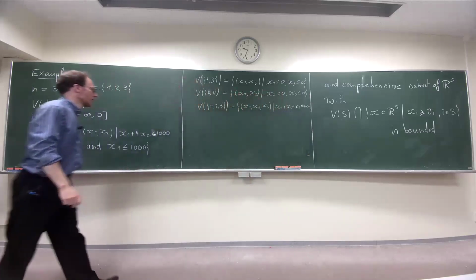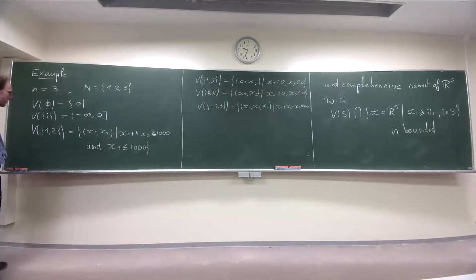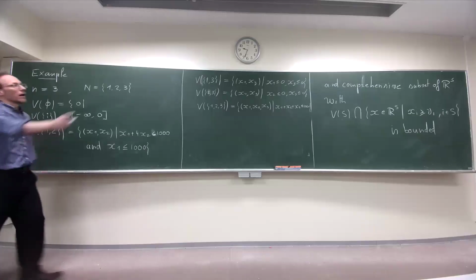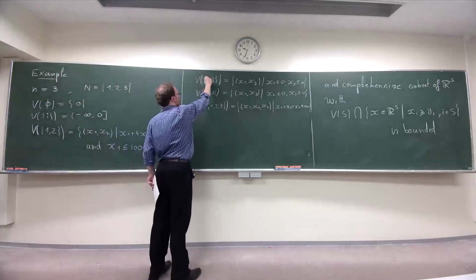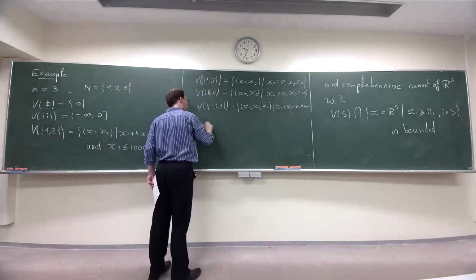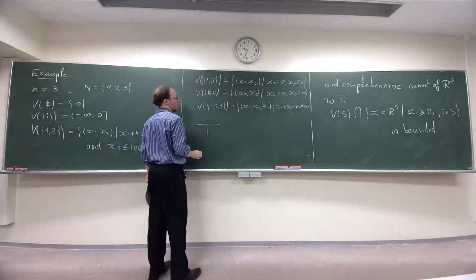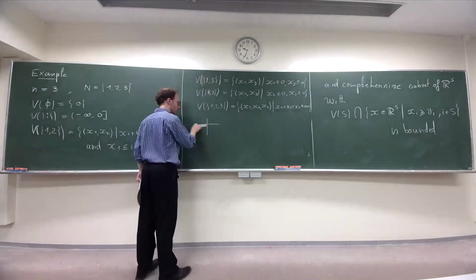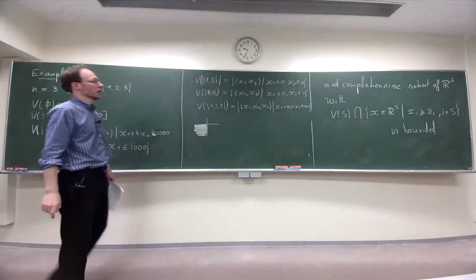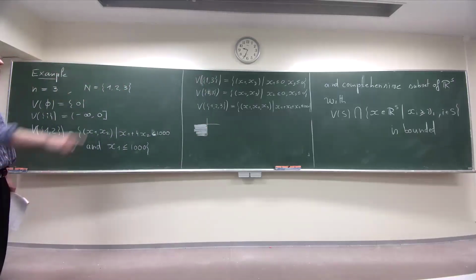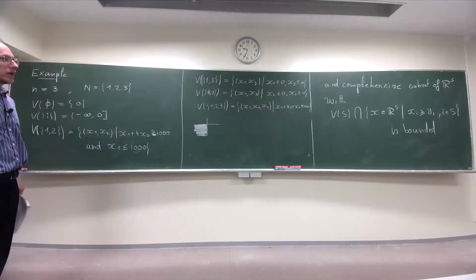Okay. So you can represent these sets. The first one, it's just an interval for the corresponding variable. V of {1,3}, it has to be smaller than 0 for both variables, so it's something like this, and the same for {2,3}, but with different variables.